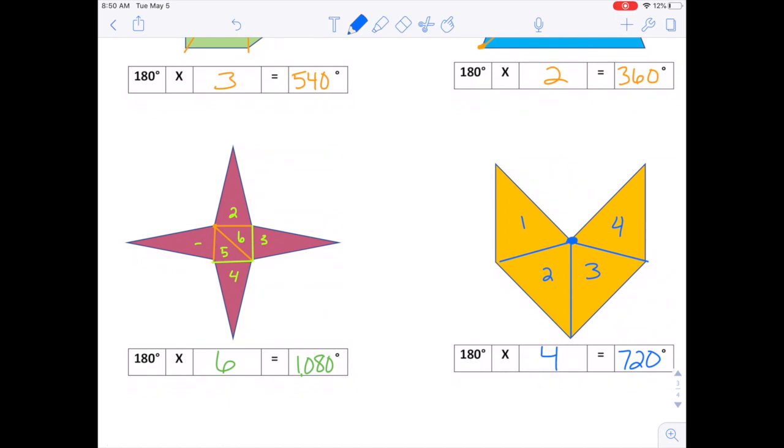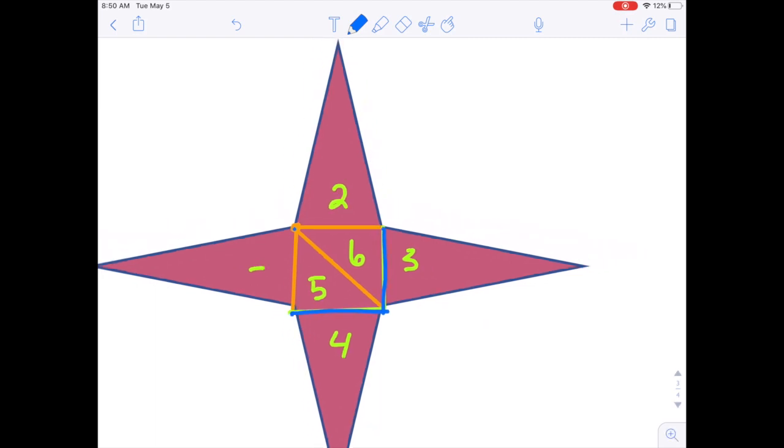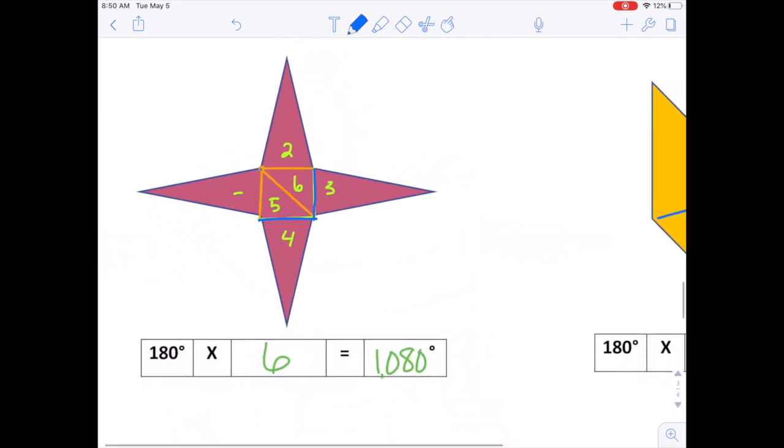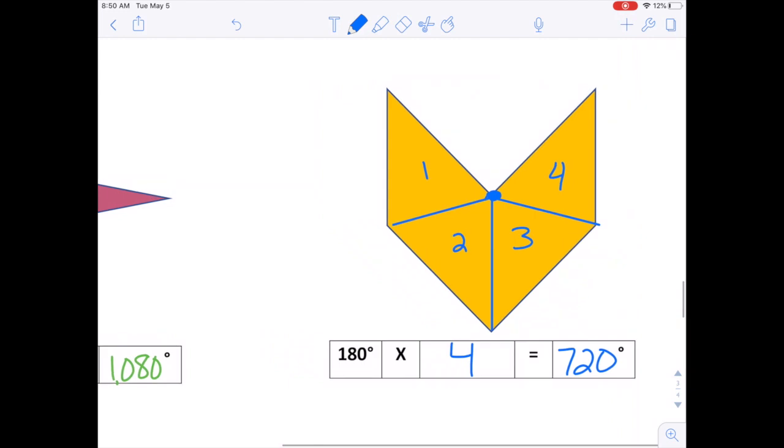If you made lines from your point of reference, it worked out, but then you had to check for additional lines. So that ended up being 6 triangles with 1080 degrees total. And the chevron could be made into 4 triangles from our point of reference, and that was 720 degrees total.